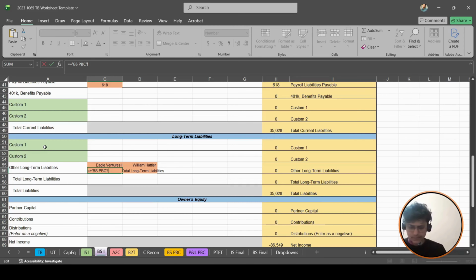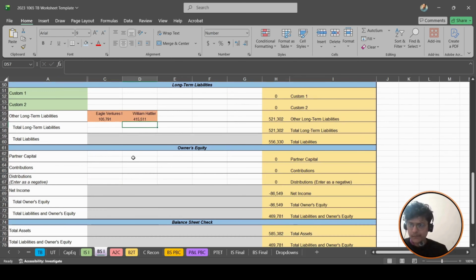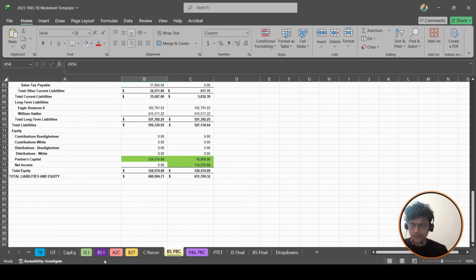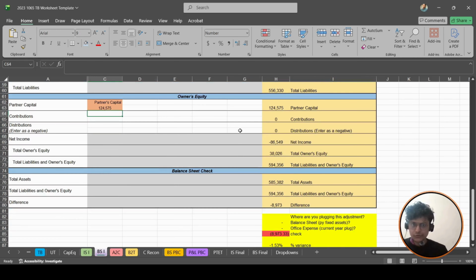It's a B63 cell value. Yes, correct. So B68. What next? Partners capital. Partners capital here. So B76. Great. Anything pending? No, I don't think so.